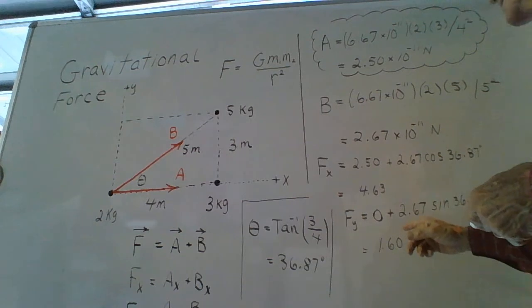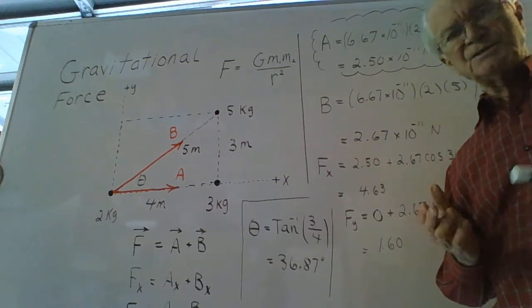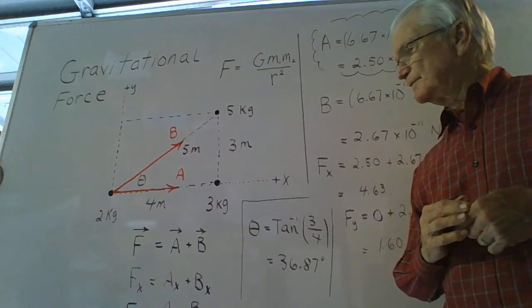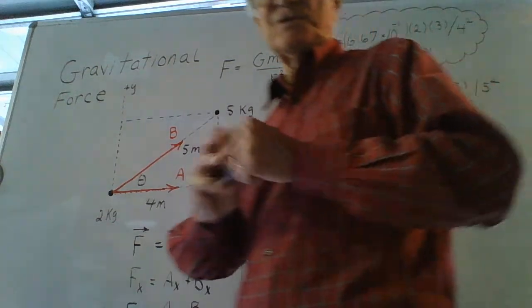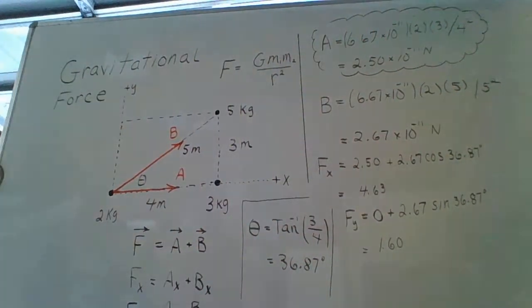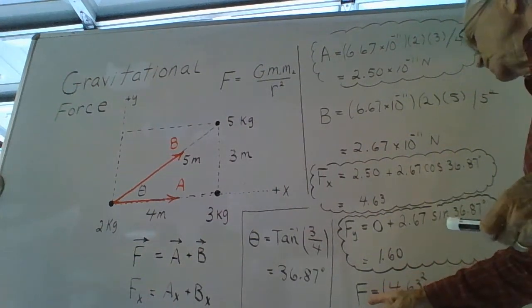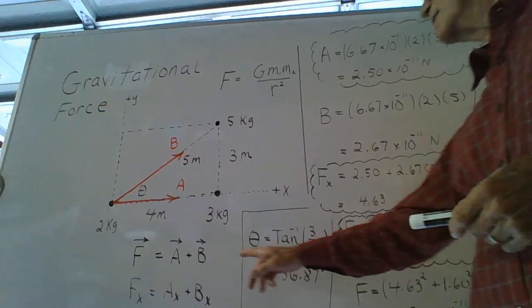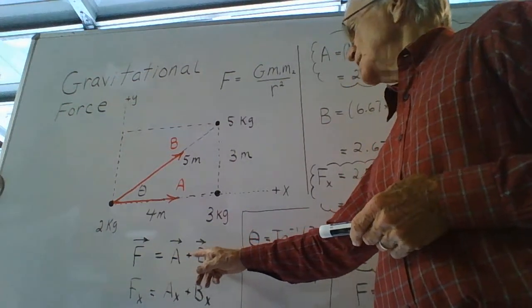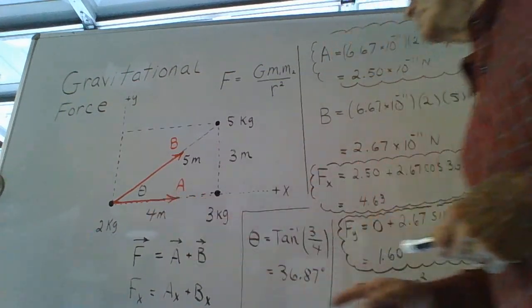The value we're looking for is the length or magnitude of the F vector. And so let me calculate that for you. All right, here we have the final result, the length of the force vector F, which is the sum of the two vectors A and B, the sum of the forces acting on the 2 kilogram object.